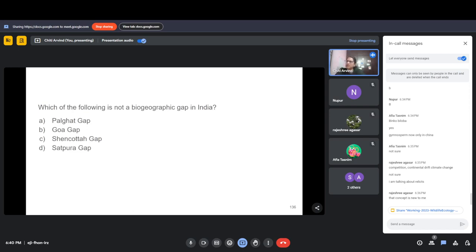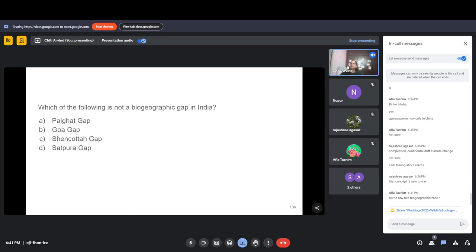Nobody knows what is a biogeographic gap or a biogeographic barrier. What does it sound like it is, at least? Barrier between two biogeographic zones. Okay. It is even within a biogeographic zone. For example, if you're thinking of the biogeographic realms, even within biogeographic realms we have biogeographic barriers. But what do you think could be biogeographic barriers?